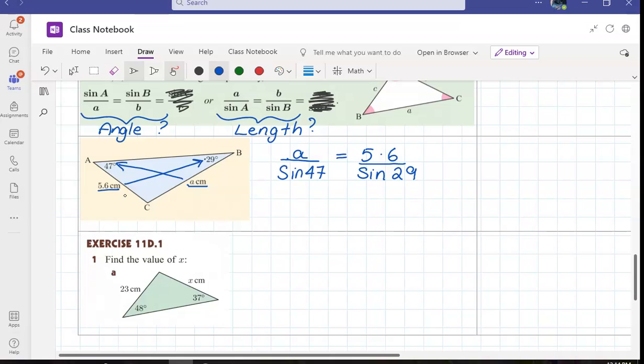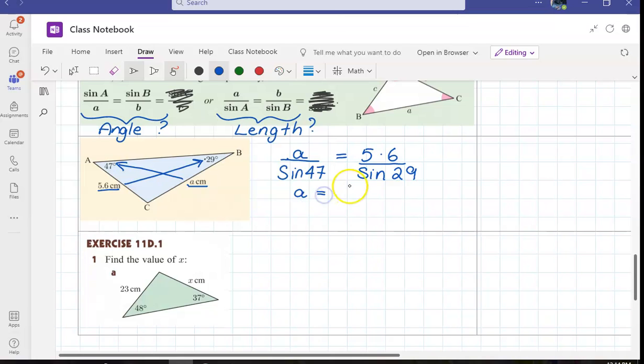And now you have to rock your algebra. So I don't want A divided by sine 47, I just want A. So how do I get rid of a divide sine 47? Times.